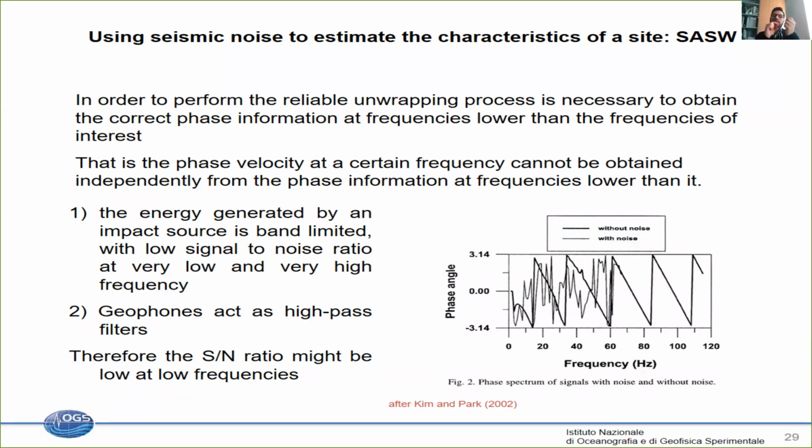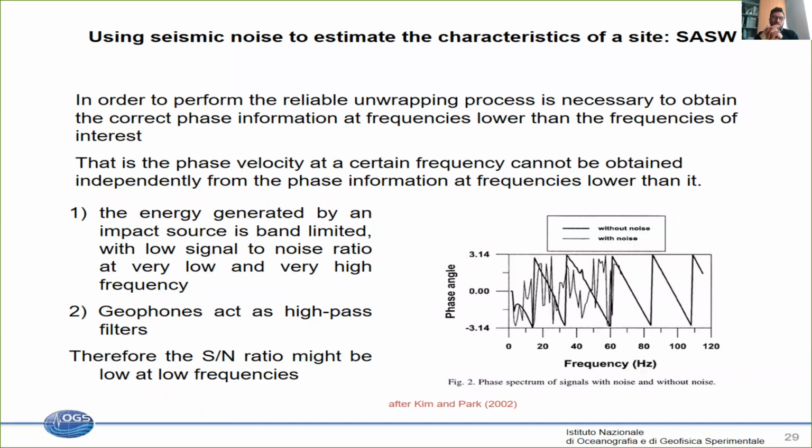But when I start the unwrapping operation that I was describing before, I start nearly from zero frequency. And the zero frequency can probably be very poor in signal, because my original source was not exciting these frequencies. And therefore, I start propagating in the unwrapping of the phase some noise to the higher frequencies.